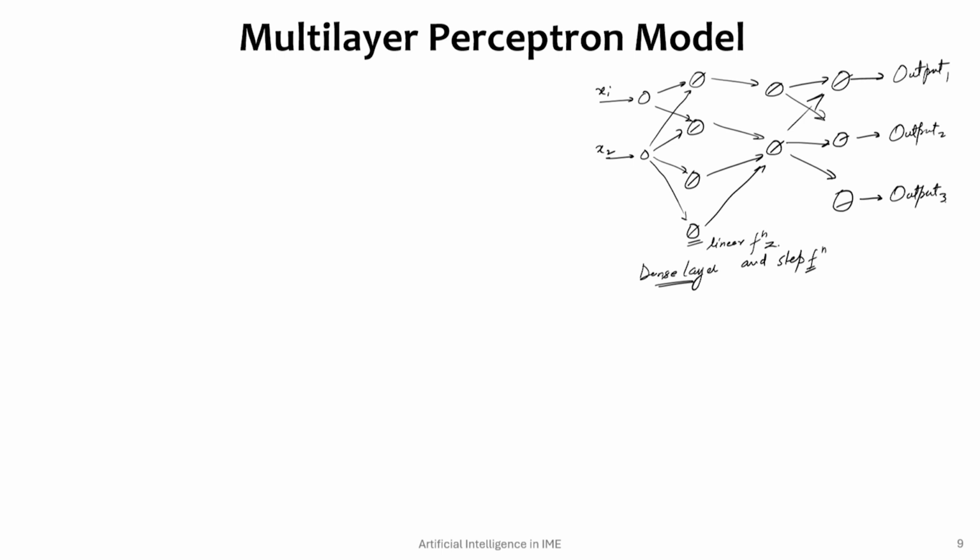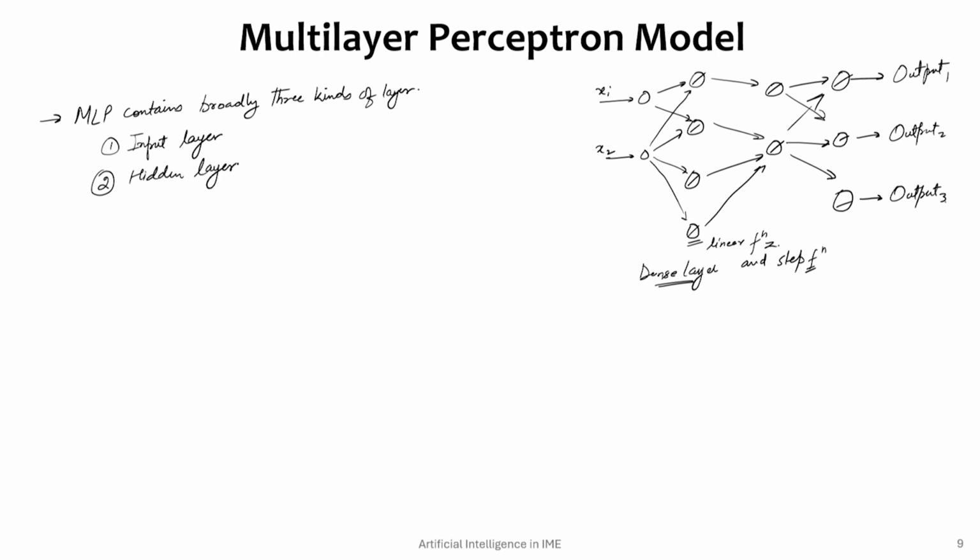Okay. So now let's understand different things about this MLP. This MLP contains broadly 3 kinds of layers: input layer, hidden layer and output layer.